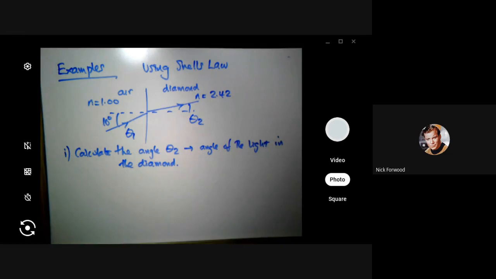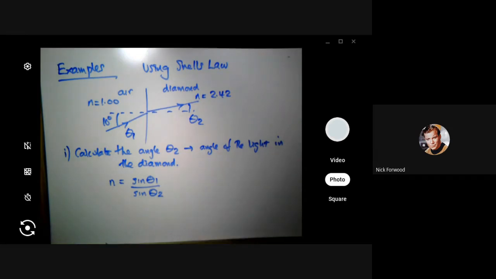Okay, so we know that theta 2 is going to be less than theta 1 because it's more dense. We're going to use Snell's law, which is n equals sine theta 1 over sine of theta 2. That's on your relationship sheet.